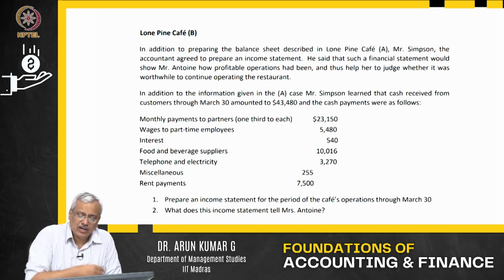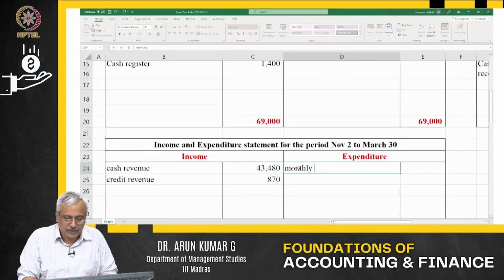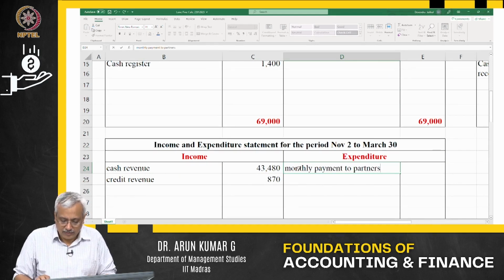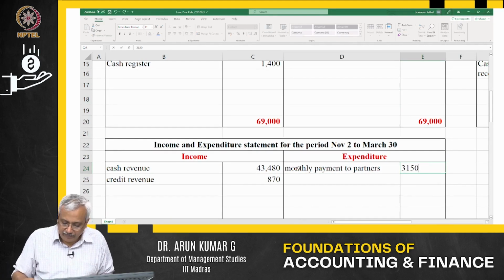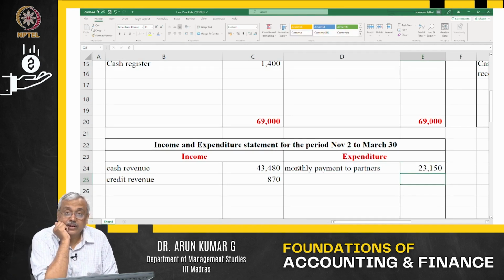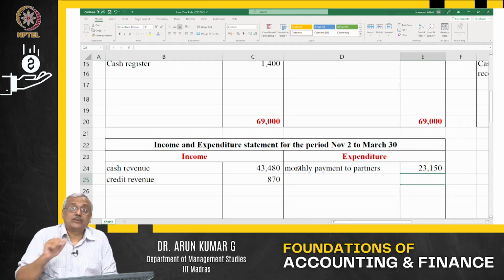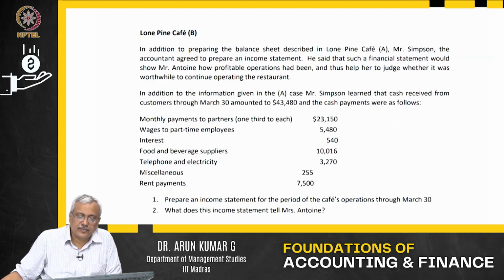What is the expenditure? 23,150 is the expenditure made, monthly payment to partners. $23,150 is what I have paid to the partners. So that is an expenditure. I have recorded it as an expenditure.